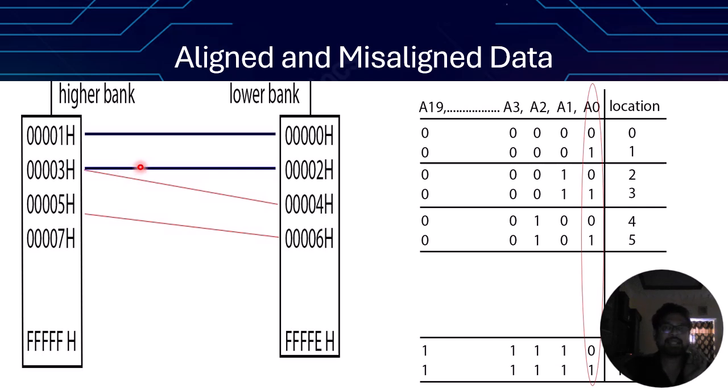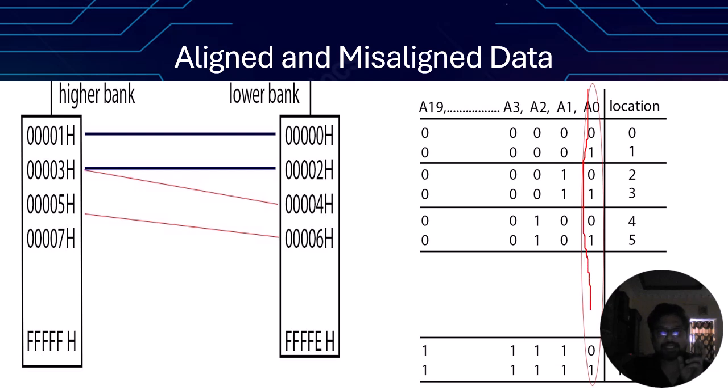Why does misaligned data require two cycles? Memory bank selection depends on the higher address lines A19 to A1. When aligned data is accessed, the bank selection signals eliminate A0. If we eliminate this A0, then what happens?